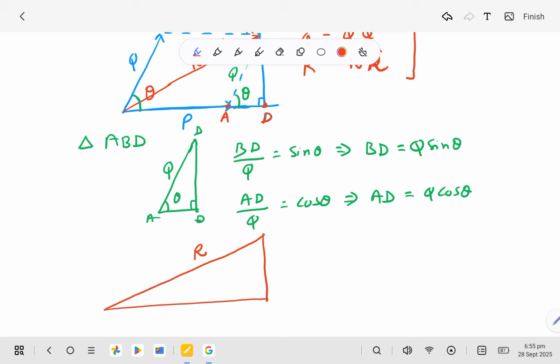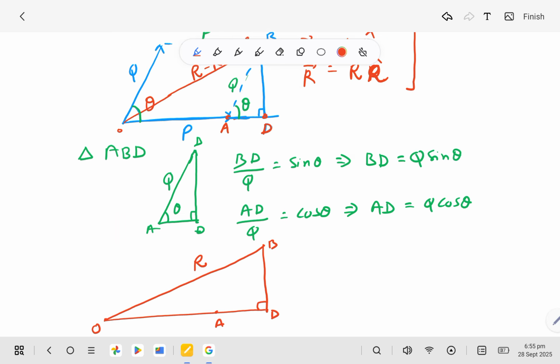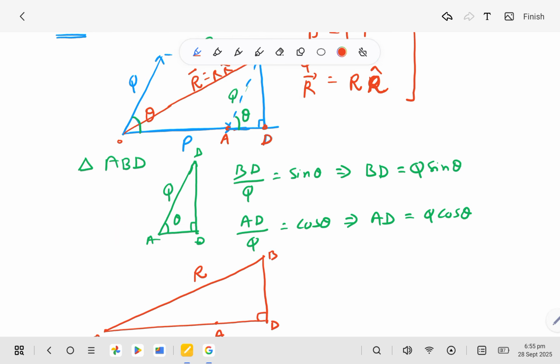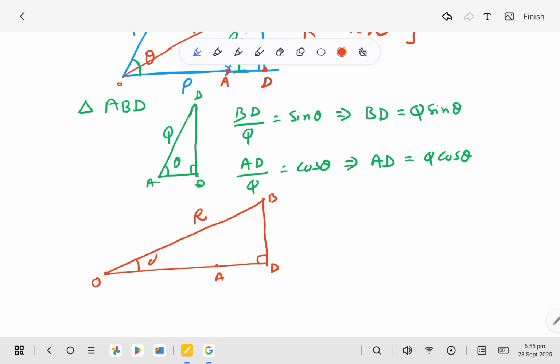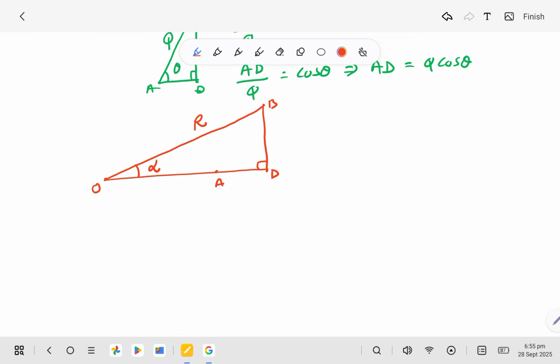So the length of this side is R, and this point is O here. This is A, this is D, and this is B. Okay, and this angle is alpha here. Now triangle OBD.